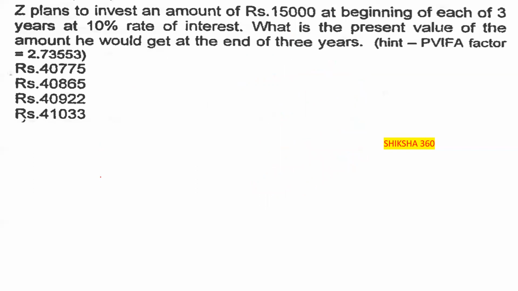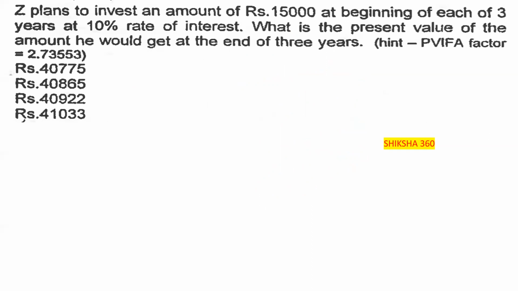So here what they say is that Z plans to invest an amount. Clear? This is a little bit different question, so we have to understand very carefully what they are saying here.